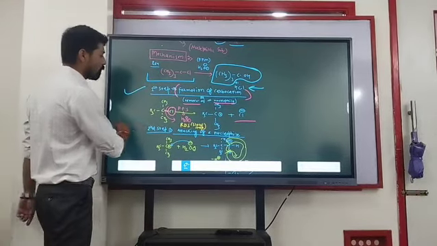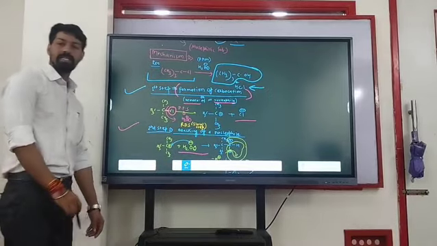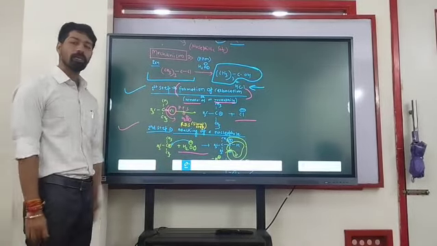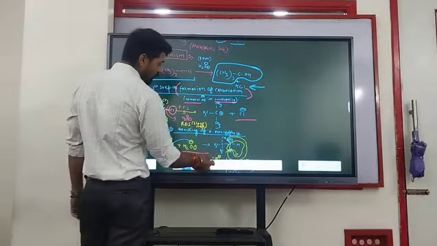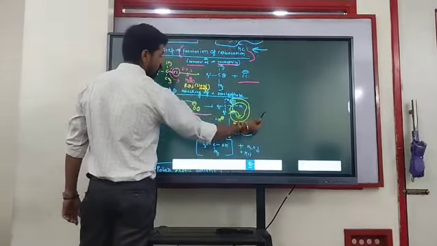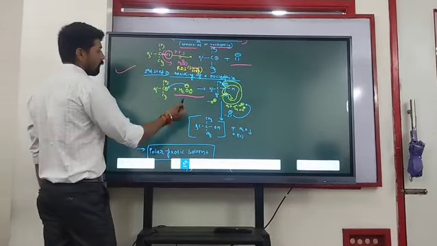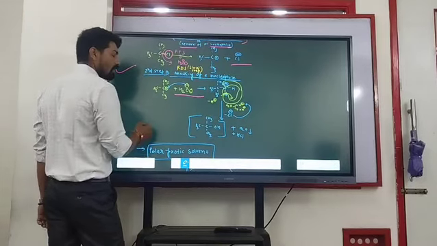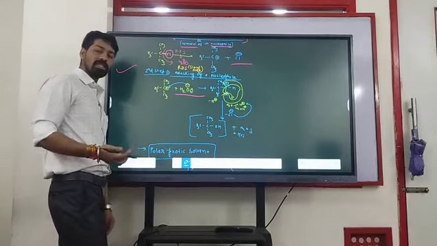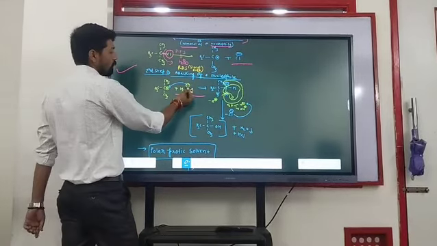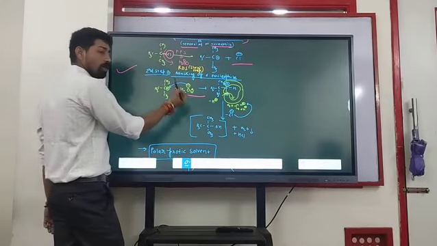In the second step, attacking of nucleophile. So here H2O is the polar protic solvent, which is providing the nucleophile. So now we can see very clearly what is happening here. Carbocation is there, H2O is there. We all know in H2O oxygen has two lone pairs. So oxygen is a very good donor, so it will provide one lone pair to the carbocation.